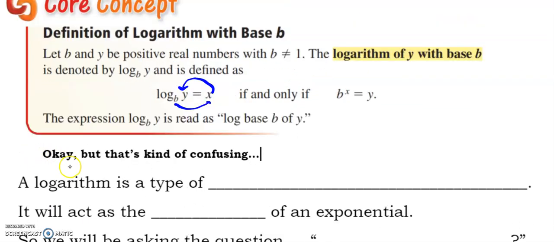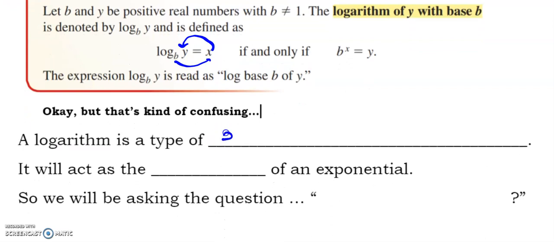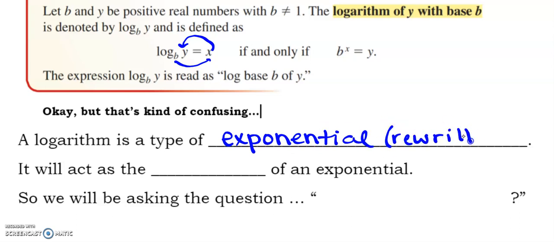But what you really should think of is that a logarithm is a type of exponential. It's really just something that's been rewritten. Eventually, on our next lesson, it will act as the inverse, or the thing that undoes an exponential.